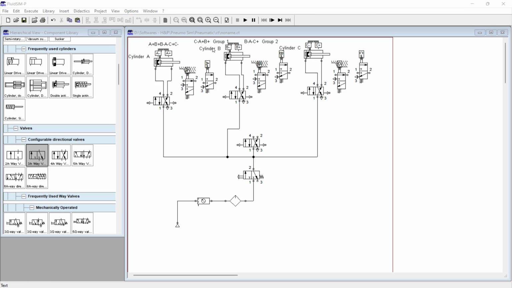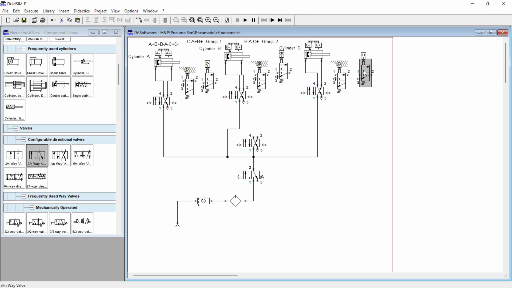So what is the first sequence in group 1? C minus. Group 1 will happen after the ending of group 2. So what is the last sequence in group 2? C plus. After the C cylinder extension, the group changing valve always changes to the group 1 position.